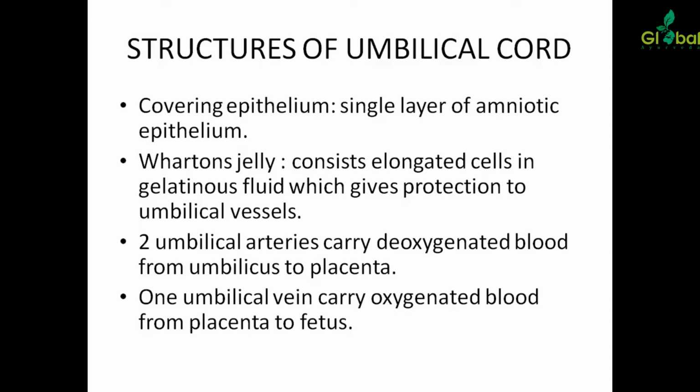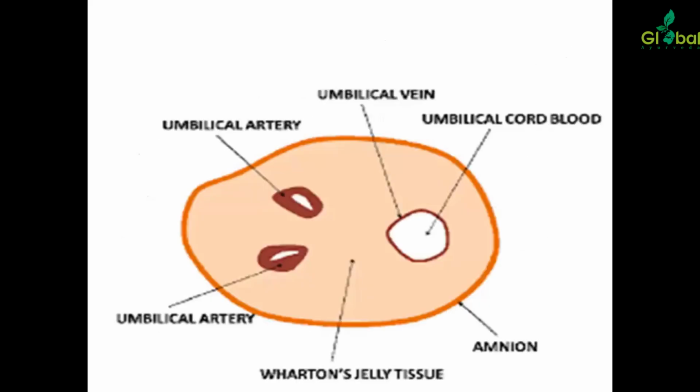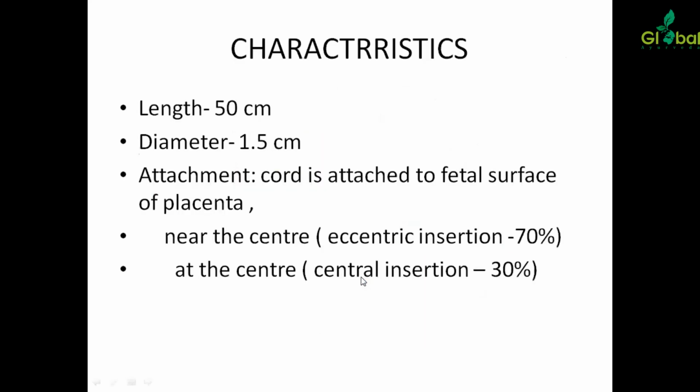The two umbilical arteries carry deoxygenated blood from the fetus to the placenta. The one umbilical vein carries oxygenated blood from the placenta to the fetus. In this picture we can see two umbilical arteries, one umbilical vein, and Wharton's jelly.